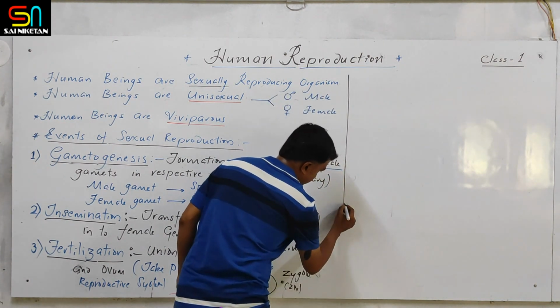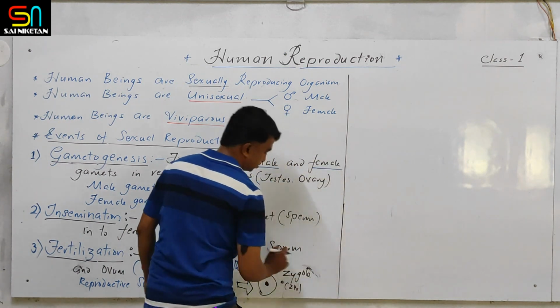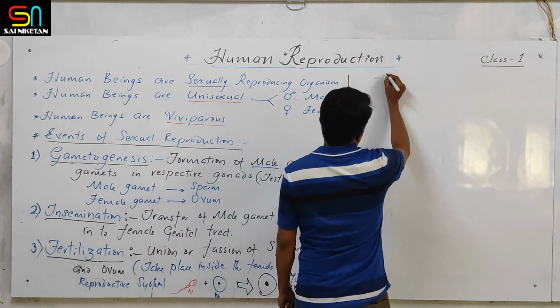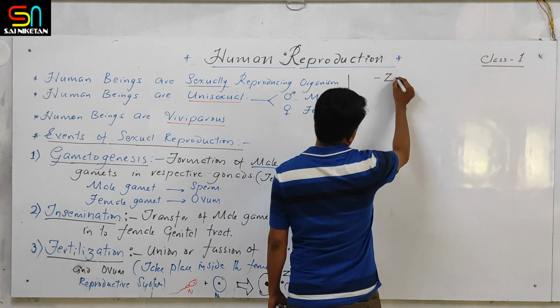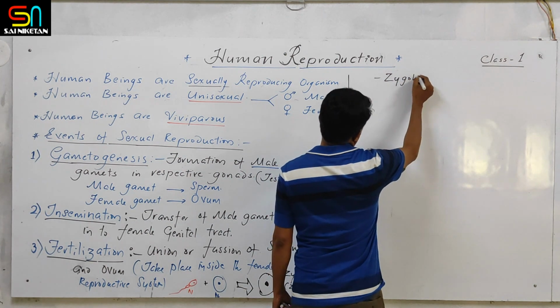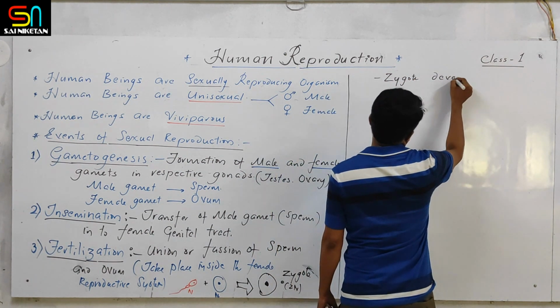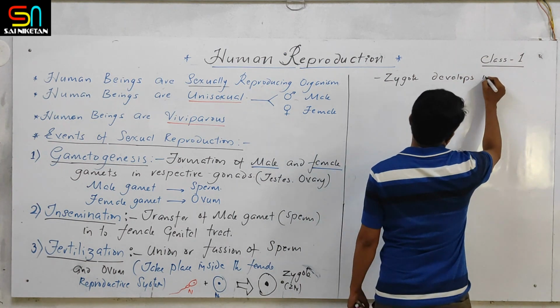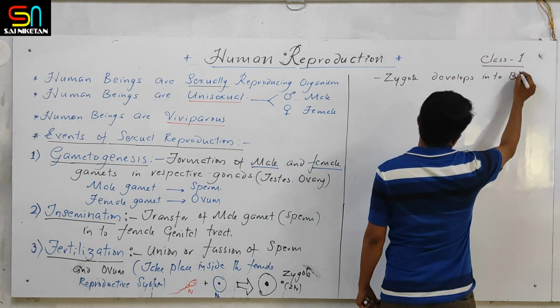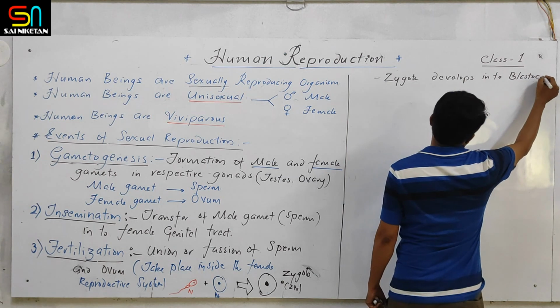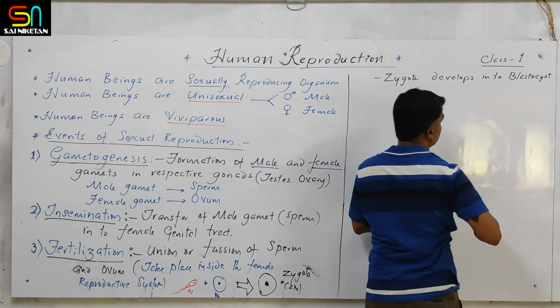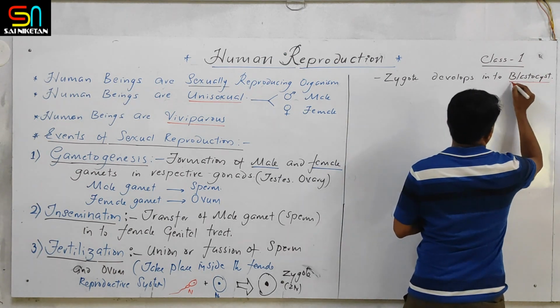So next event, after zygote formation. Zygote is formed. Gradually, zygote develops into blastocyst. So this is one structure. Clear?